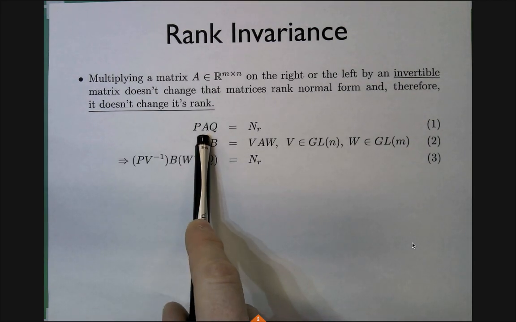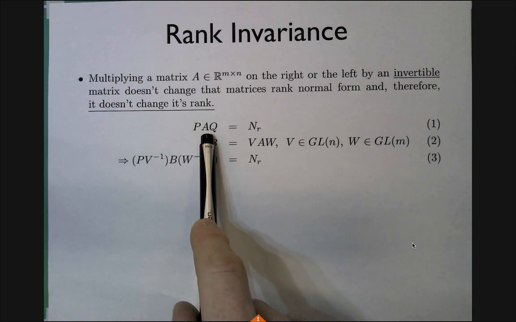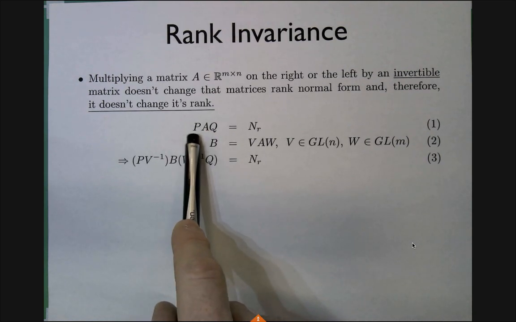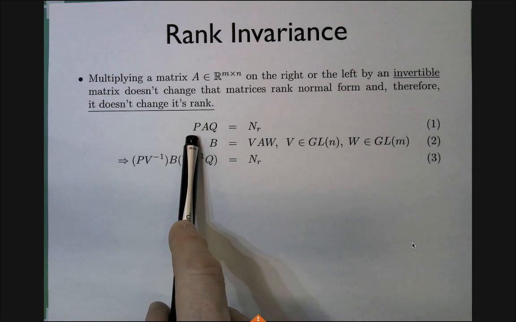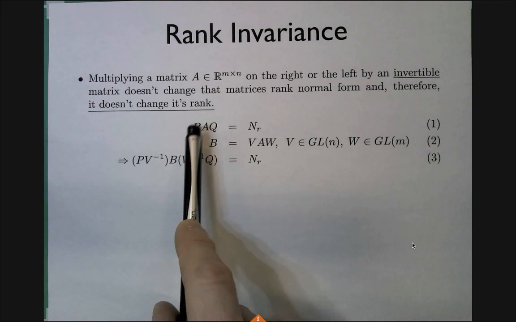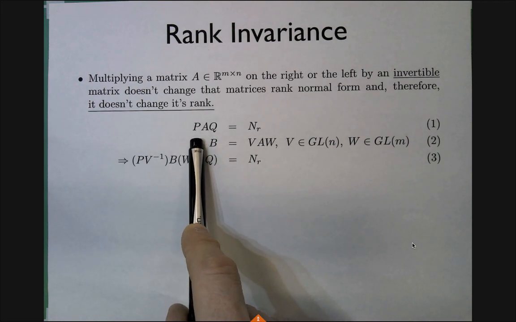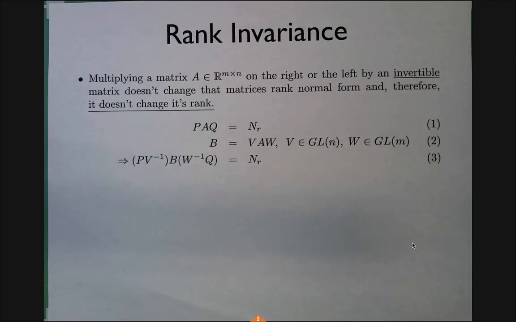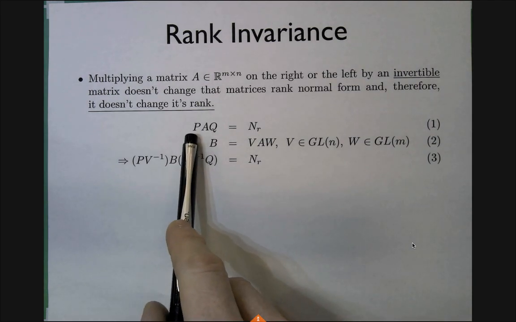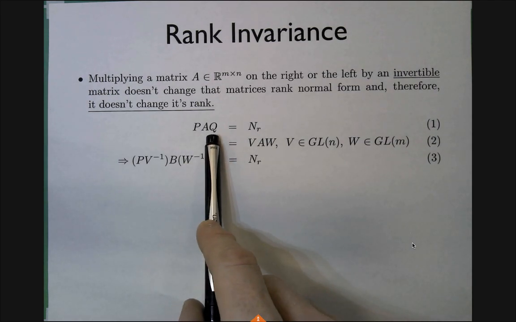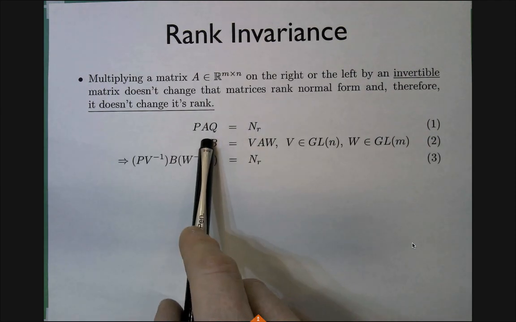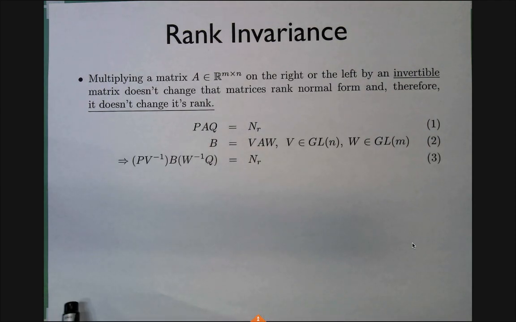Let's take a look at it. My original matrix can be converted to rank normal form by applying elementary row operations from the left. If I concatenate all of them together, I get the matrix P, and it's going to be square and invertible, right? I don't really have to say square if I say invertible, since invertible already implies square, but I want to emphasize the squareness. Q is also invertible. Now it's n by n, and those are the elementary column operations, right?